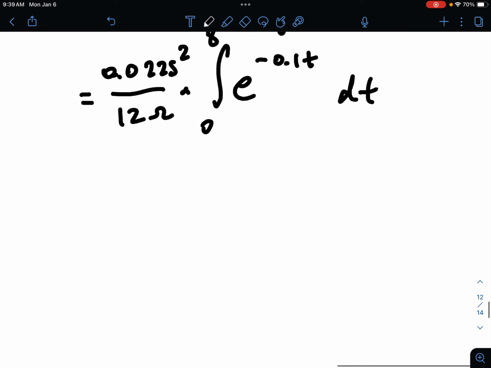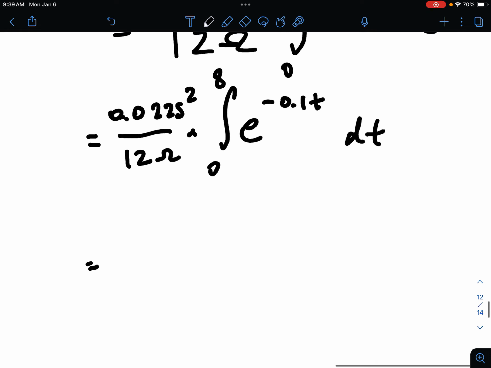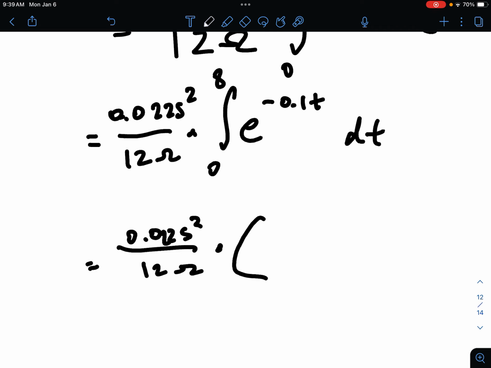So if you think about that, when you do your reverse chain rule or your u-sub or however you want to think about this, you're doing 1 over negative 0.1 times e to the negative 0.1 t.